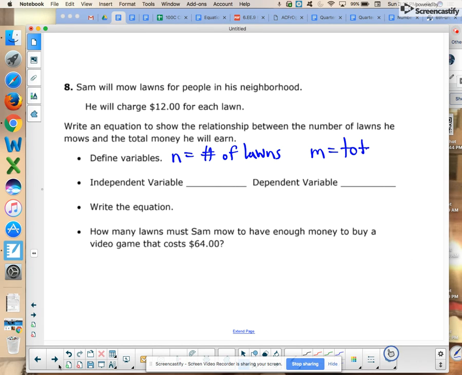N is equal to the number of lawns, and M is equal to total money earned. The independent variable is N, because we get to choose how many lawns are mowed, and the money earned, or M, depends on how many lawns we mowed. Our equation will be M equals 12 times N.